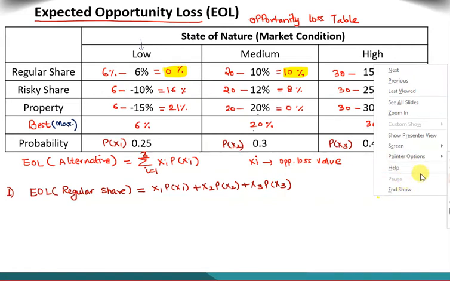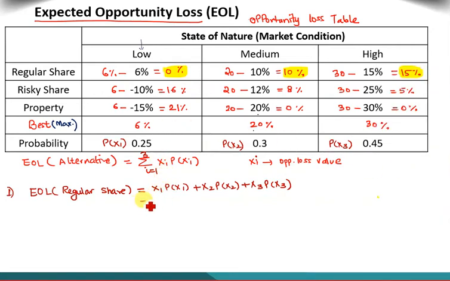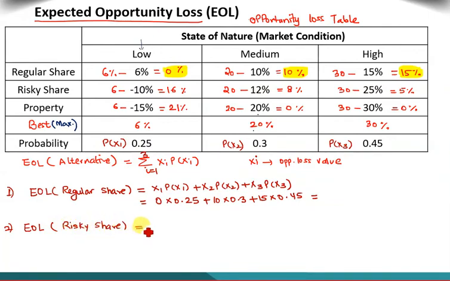Okay, so let's write it. This gives you 0 times 0.25 plus 10 times 0.3 plus 15 times 0.45. This gives you expected opportunity loss for regular share. Similarly, when we calculate expected opportunity loss for risky share, again we are using the same formula.